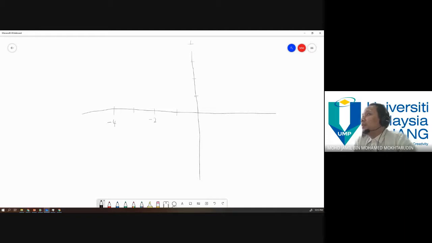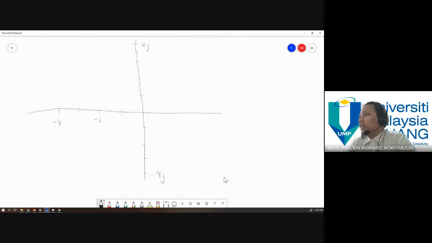Sampai 4J. Okay, sketch ni sepatutnya lukislah cantik-cantik. And then we have the asymptote.